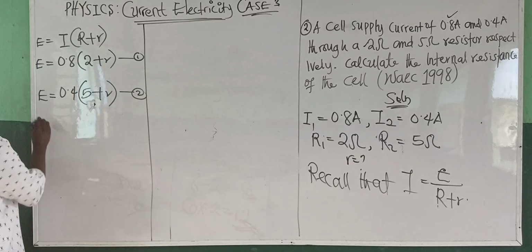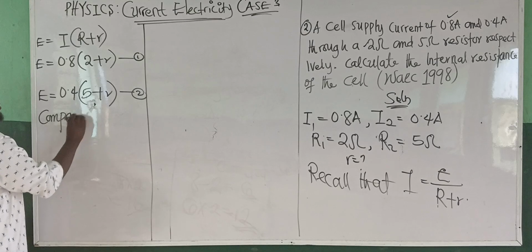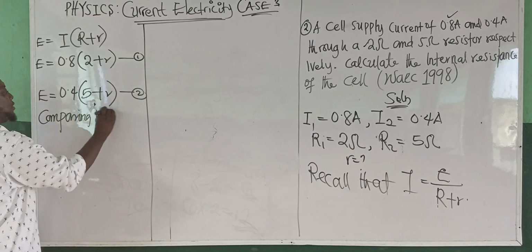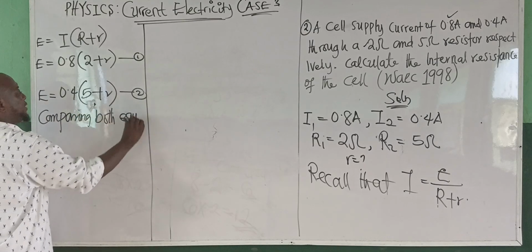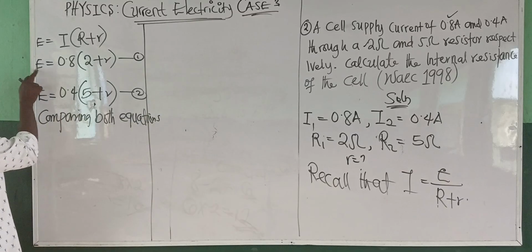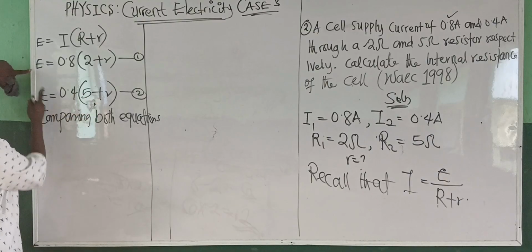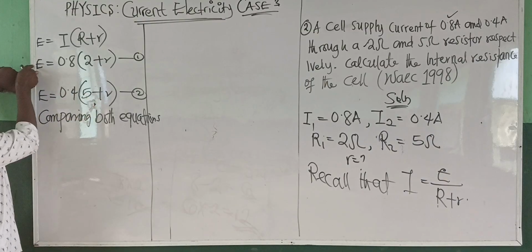So what do we do here now? We are going to compare both equations. Remember that I said this electromotive force E is equal to this. So I can take this one and put it here to be equal to this.